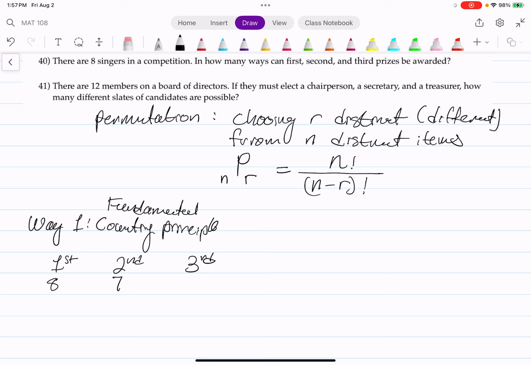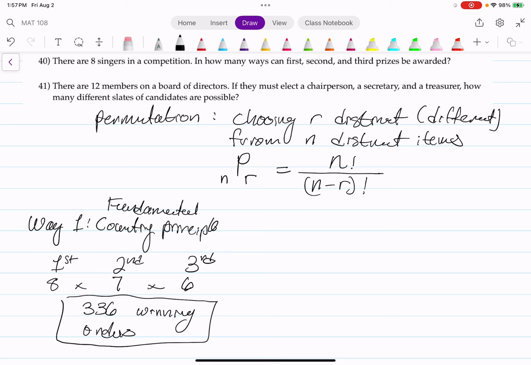So now there are 6 eligible singers for third place. And once again, we multiply the number of outcomes for each event, and we receive 336 winning orders. Okay, that is way number 1.